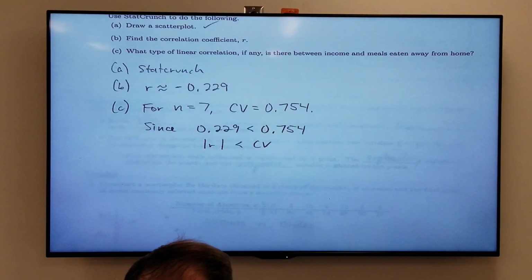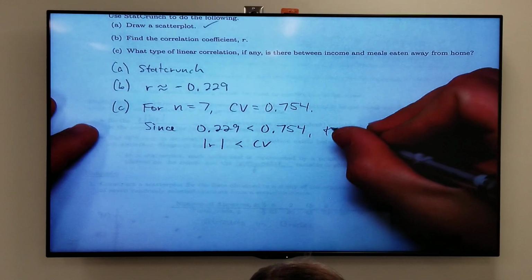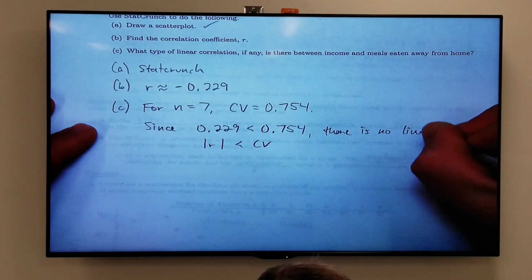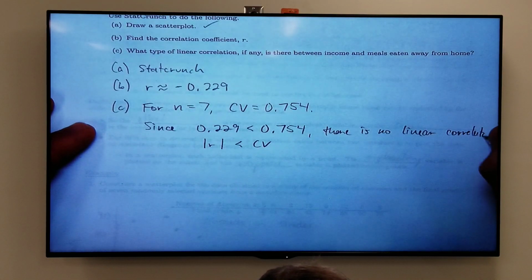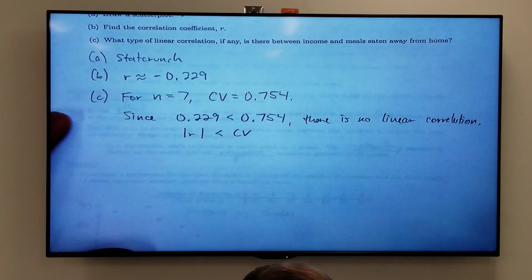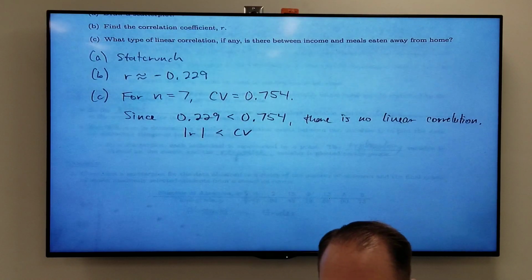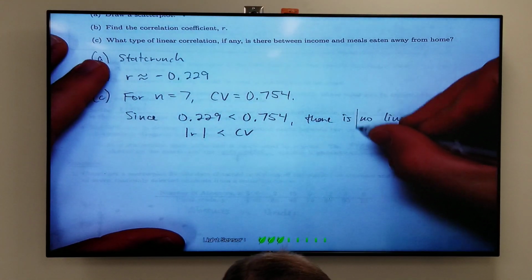So since our correlation coefficient is less than our critical value, there is no linear correlation. Okay, no linear correlation. And that's that. Okay, that's the answer to the question.